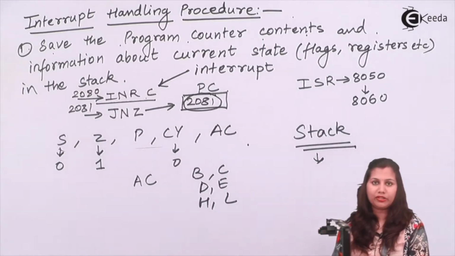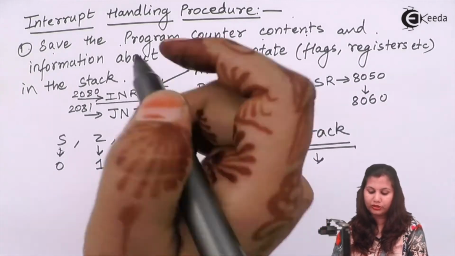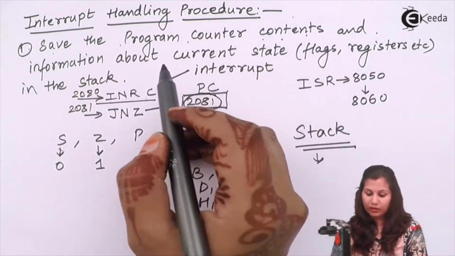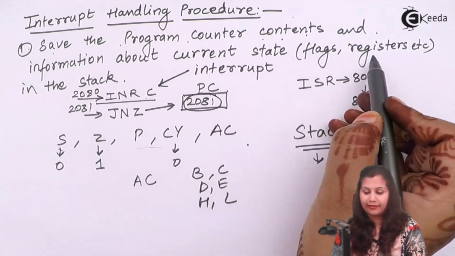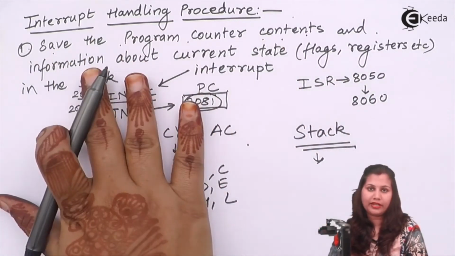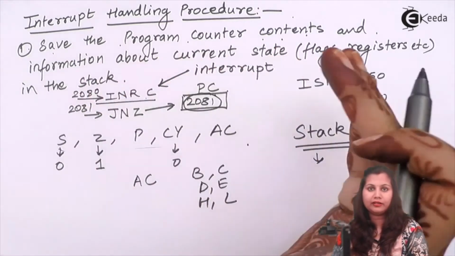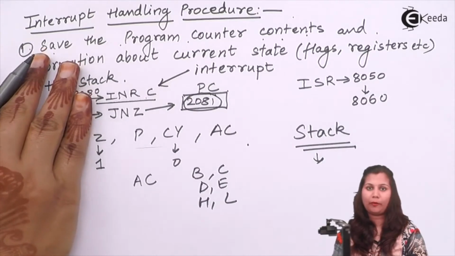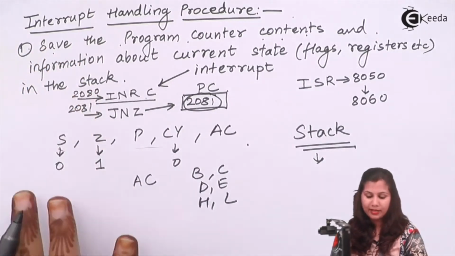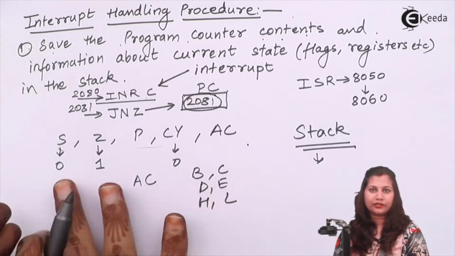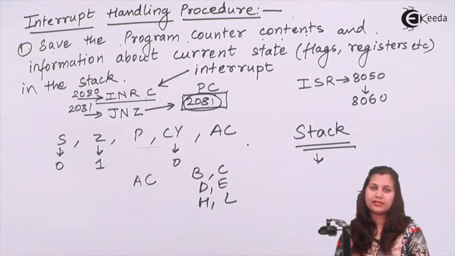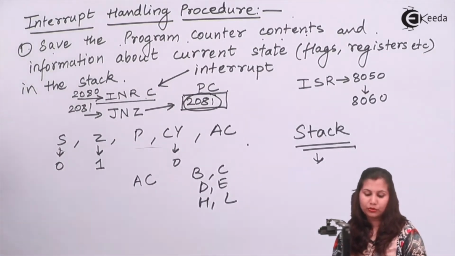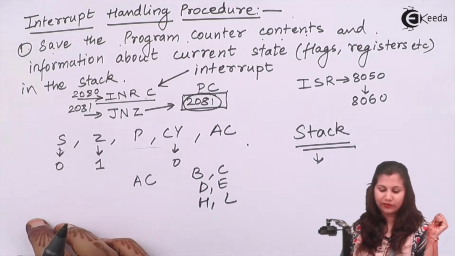This temporary memory storage is used to store the contents of the program counter, the status of the flags and the contents of the registers of 8085. After executing the interrupt service routine, the microprocessor can resume execution of the program by getting back all the status of the registers, flags and the program counter. So the first step is to save all these things so that the microprocessor can resume its working.